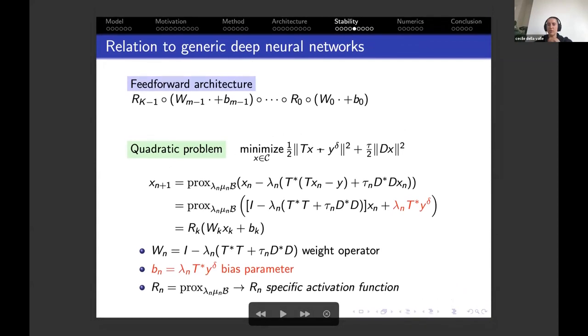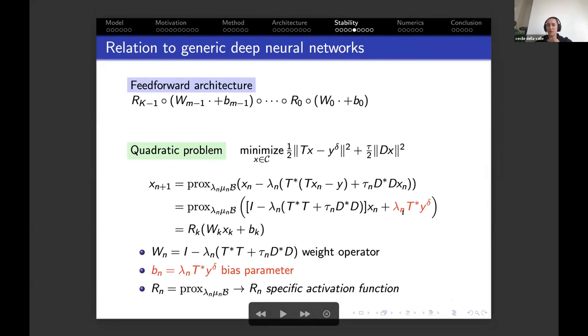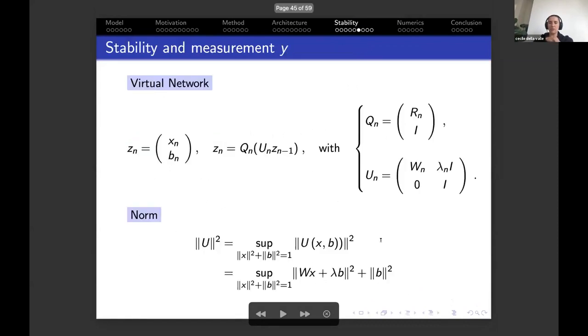Here, I want to compute the stability with respect to the bias operator, not only the input. To do that, we define a virtual network, which takes as input Z, which is X and B. Now the activation function is in a larger space, L2 times L2, where one input has the activation function and the other one is the identity.